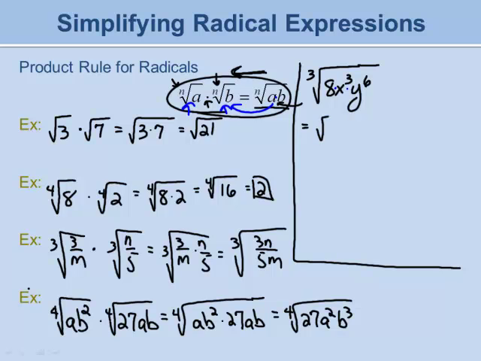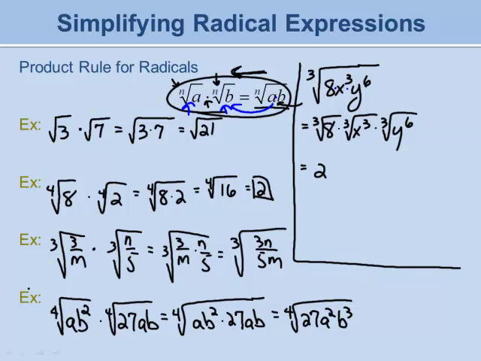So what we're going to do is split that cube root out to the 8, and then multiply that by the cube root of x cubed, and then multiply that by the cube root of y to the 6th. Okay, that's the product rule in reverse. And the reason that helps us is the cube root of 8 is a perfect cube, is 2. 2 times 2 times 2 is 8.